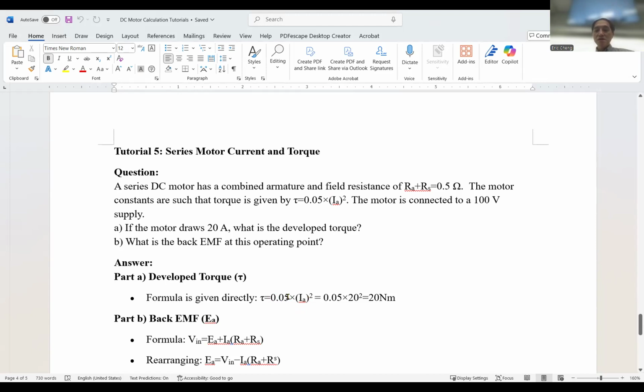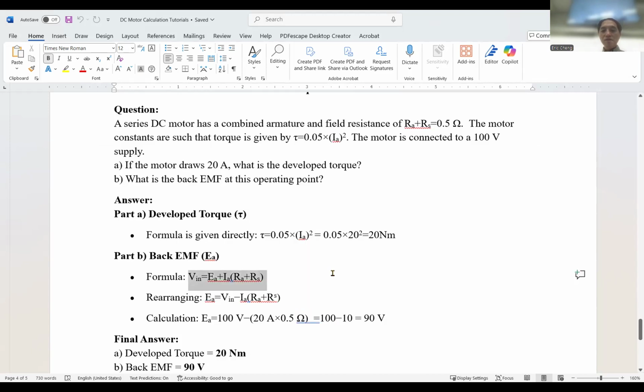So now this is the equation. It has a new constant 0.05 multiplied by IA squared. Now if the current is 20 A, that gives the torque. For the back EMF, you can see the whole input equation becomes: input equals back EMF plus the current drop on the two resistors.